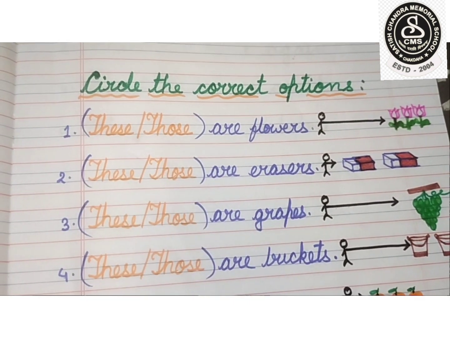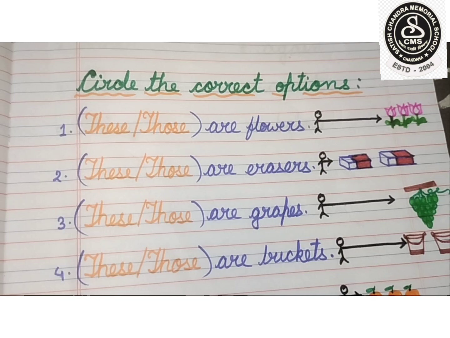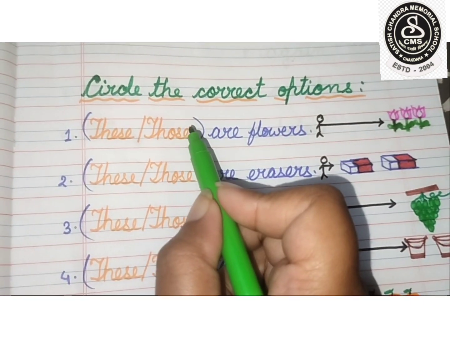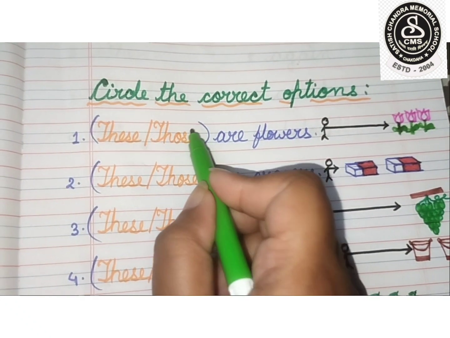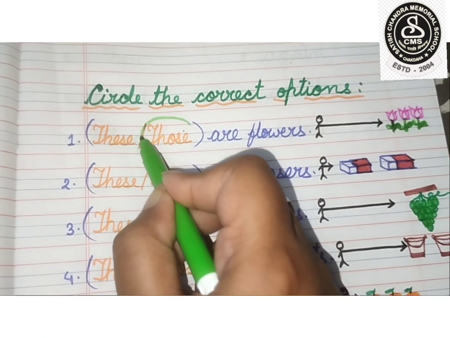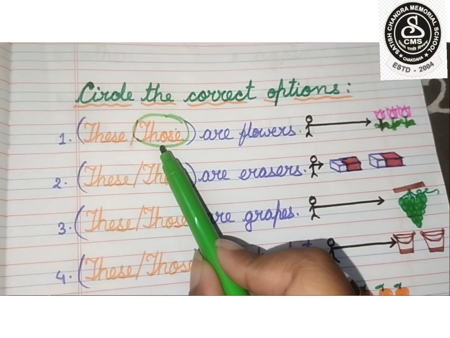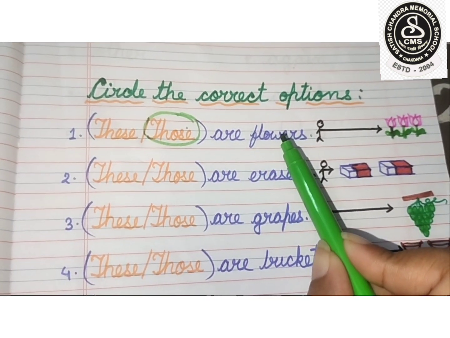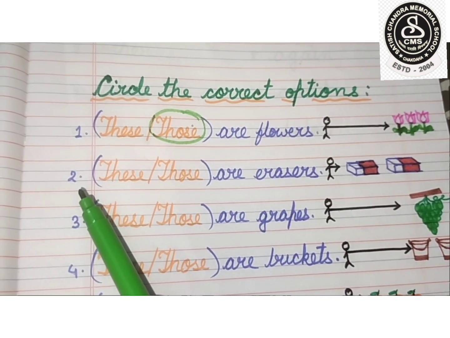These or those? Tell me. Yes, you are absolutely right. Here, those. Those is the correct one. So here we will circle those. The answer is those are flowers. Those are flowers.